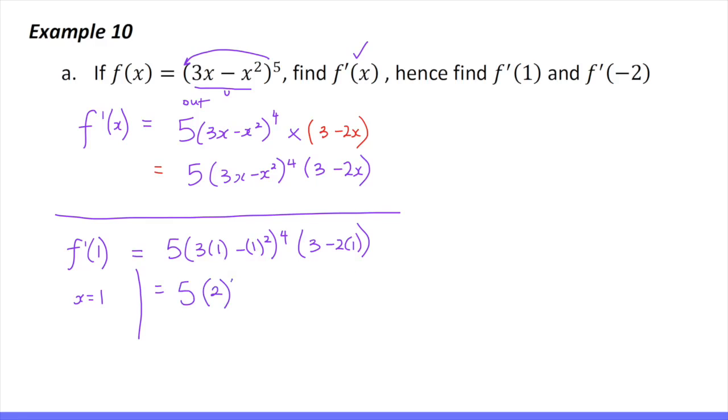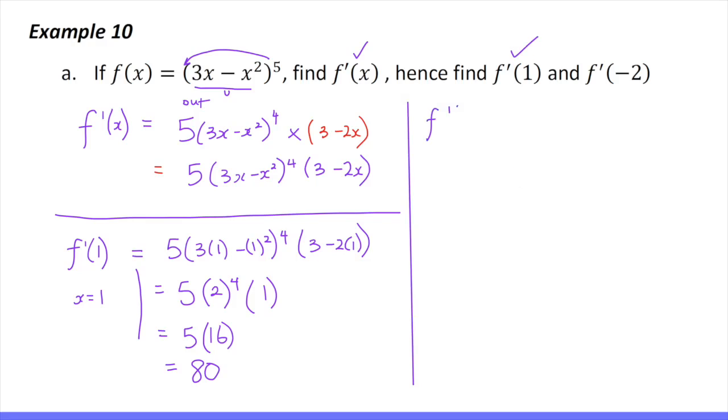So that will equal 2 to the power of 4. And this is 3 minus 2, which is just 1. 2 to the power of 4 is 16, and 16 times 5 will be 80. So now that part is done.